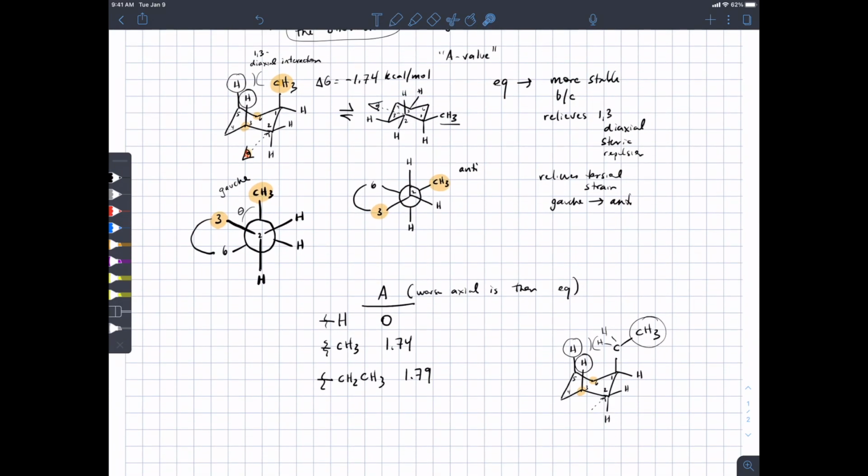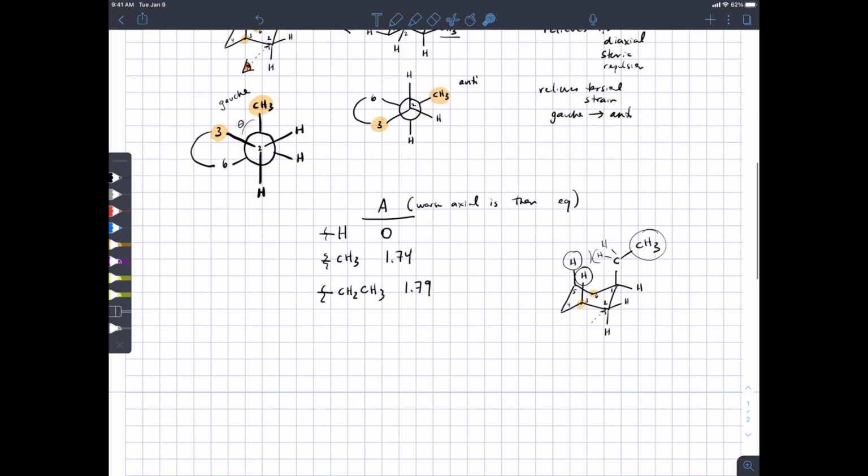The A value is a measure for how big a substituent is, but it's derived from measuring the equilibrium constant from a cyclohexane that has a group on it, and you measure the difference in energy between axial and equatorial conformations. As you start to add more carbons to that first carbon attached to the ring, for example, if you use this sort of V-shaped isopropyl group, your A value starts to jump.